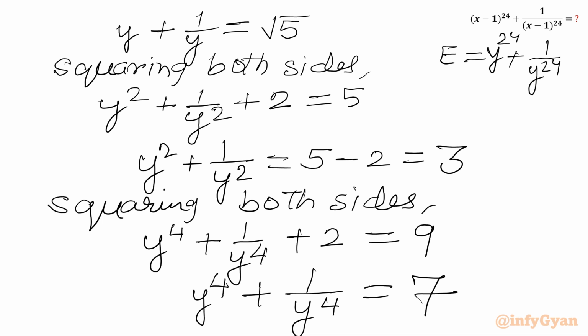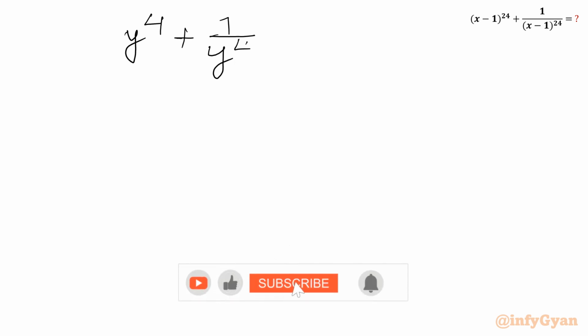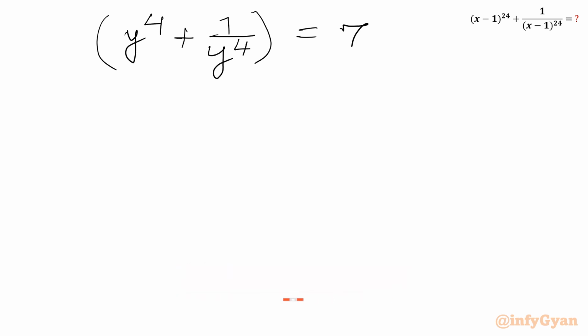Now we have to find out y power 24. So I will consider cubing of this equation. Let me write y power 4 plus 1 over y power 4 equal to 7. Cubing both sides. We will use the (a plus b) whole cube formula.